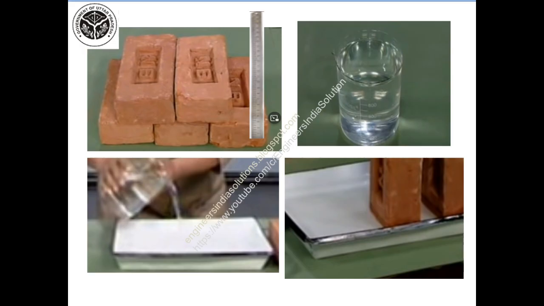So this is the second time that we are pouring water inside the tray and maintaining the level of 2.5 centimeter, and we leave the tray, the bricks and the water so that the bricks can absorb the water and the water dries up.